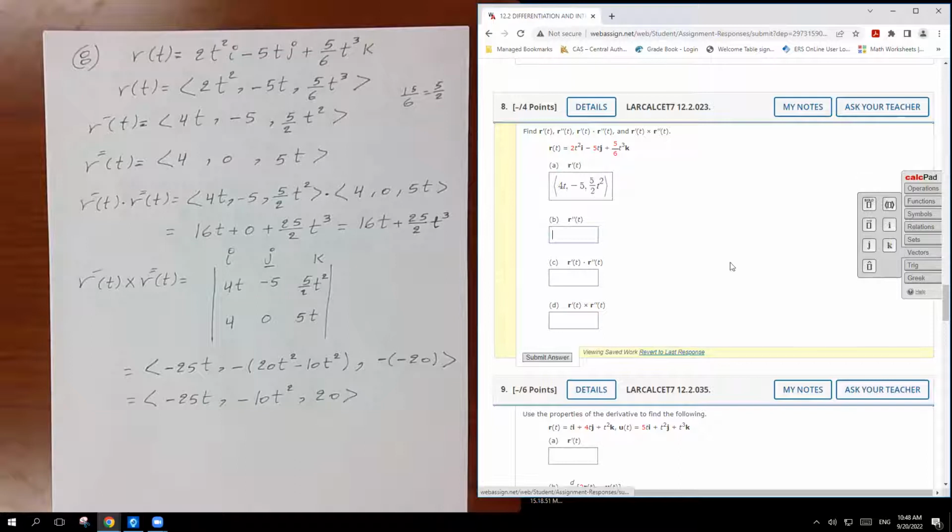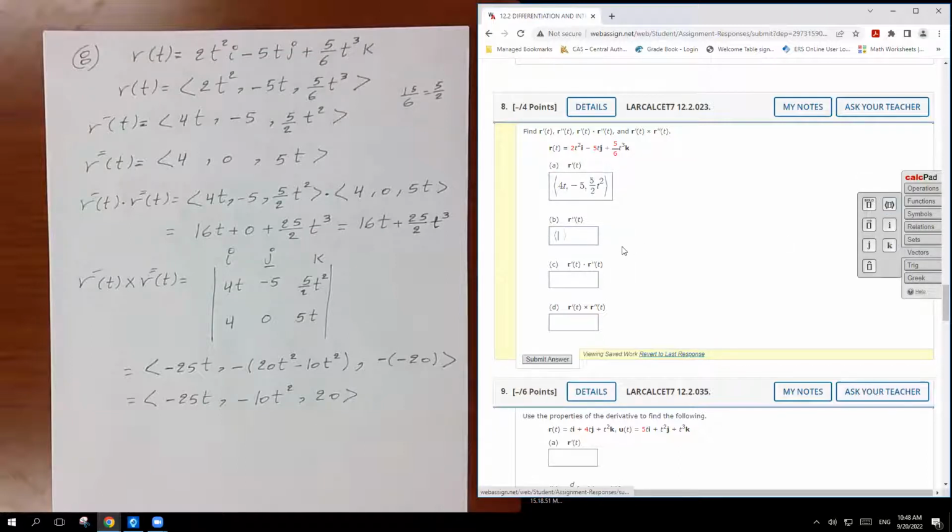For the double prime, it's going to be 4, comma 0, comma 5t.